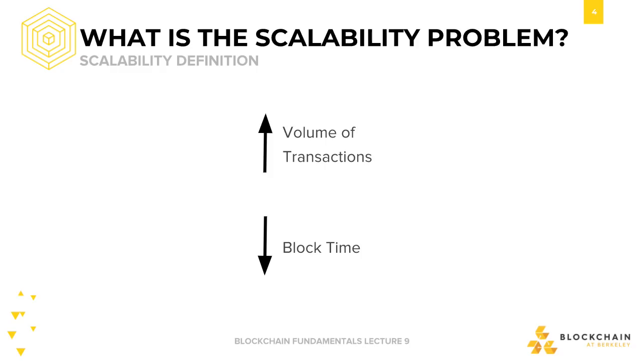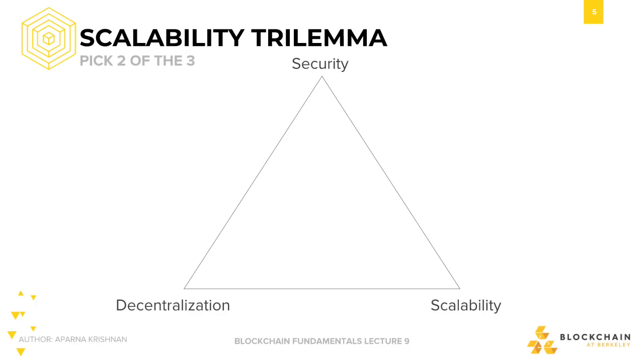So we need to consider how to make it easier for nodes to store that amount of data, especially since we want the following two properties. We want the volume of transactions to hopefully increase because we want more people to participate in the network. And then we want the block time to also decrease because we can't have people waiting like 10 minutes to get confirmation so that they can get their coffee, right? Does that make sense to everybody? Solid. So we want to consider these two things as we move forwards.